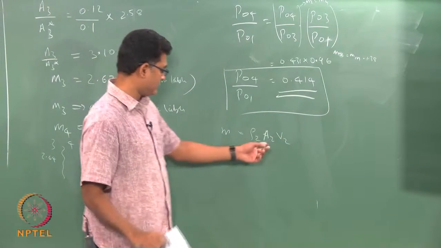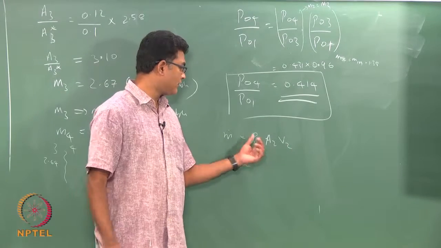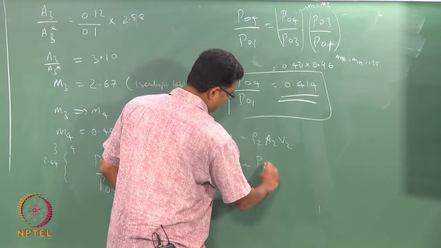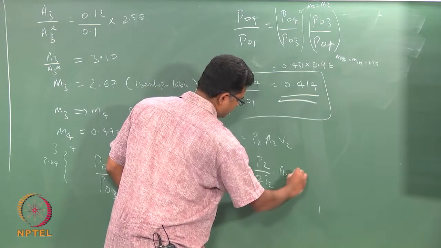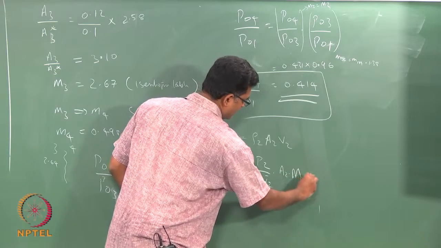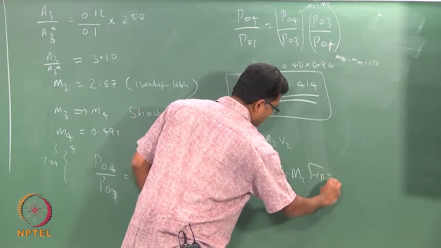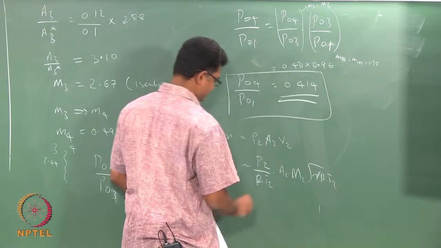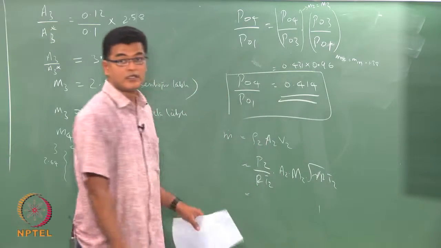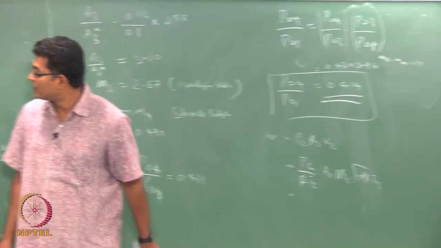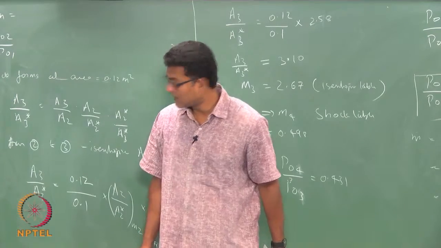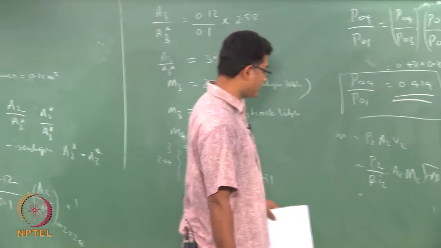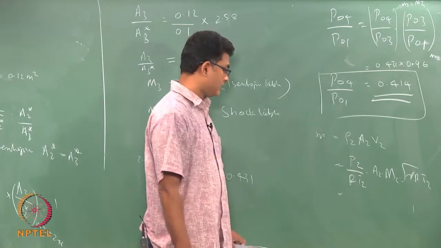So, A2 is given, V2 and rho 2 you can compute from P2 by R T2 into A2 into M2 into root of gamma R T2. Okay. So, T2 is given, so you have to know T to get the values.